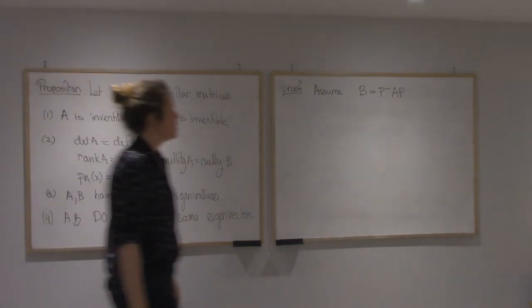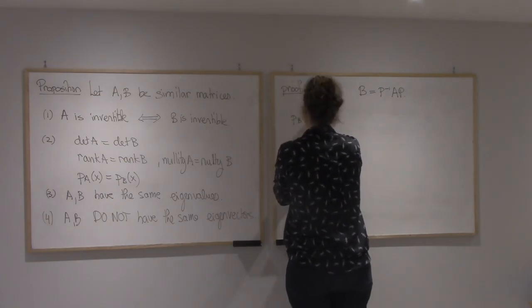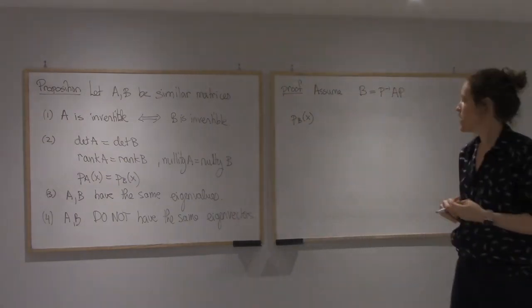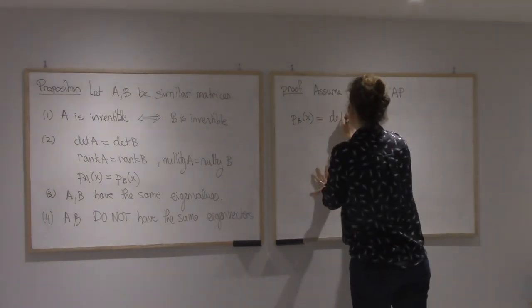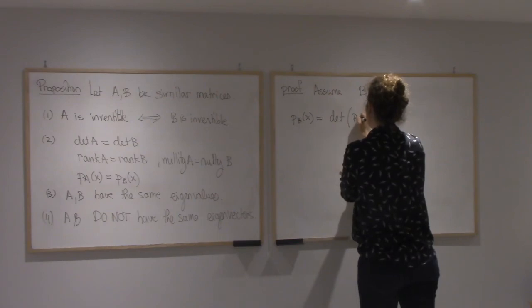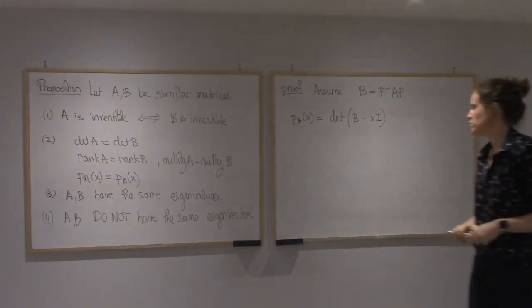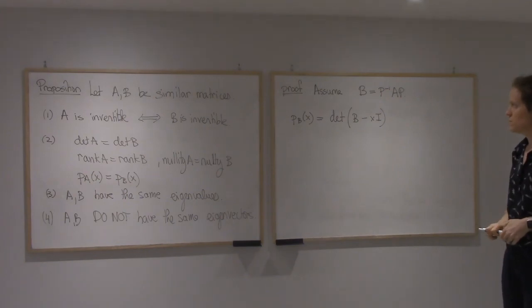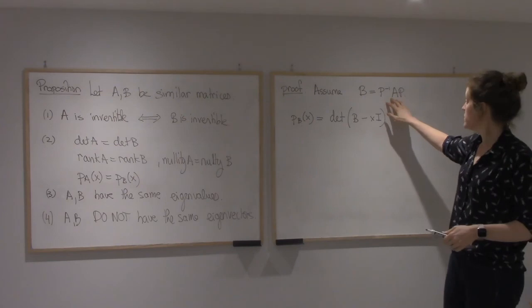It's really the same proof. So let's take PB of X. We know that that's the determinant of B minus xI. So let me replace B by P inverse AP.